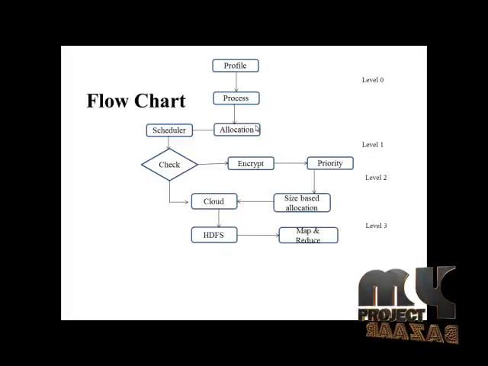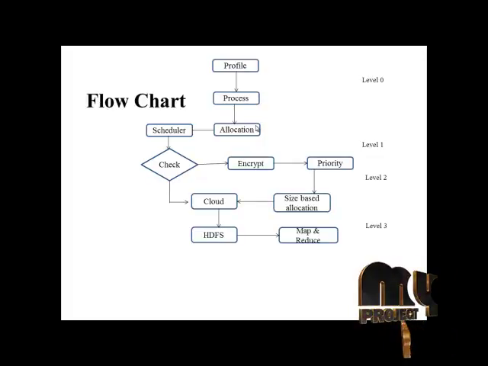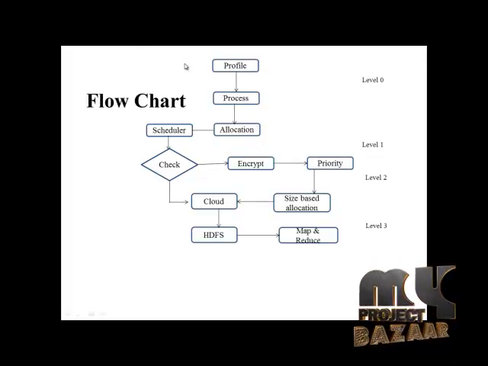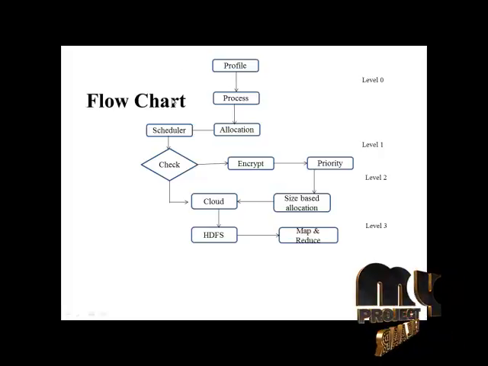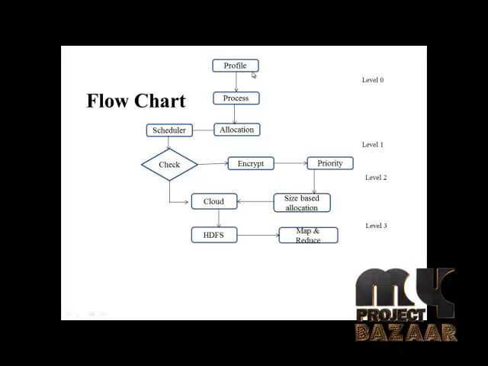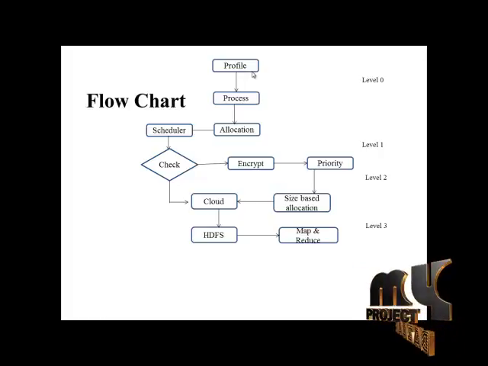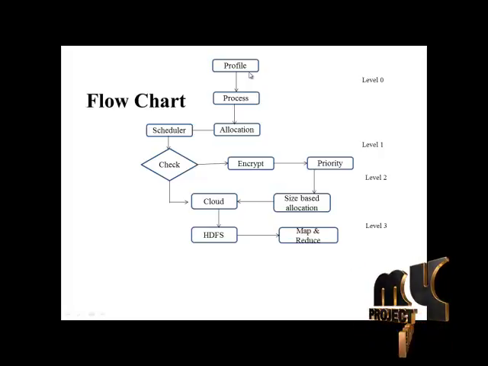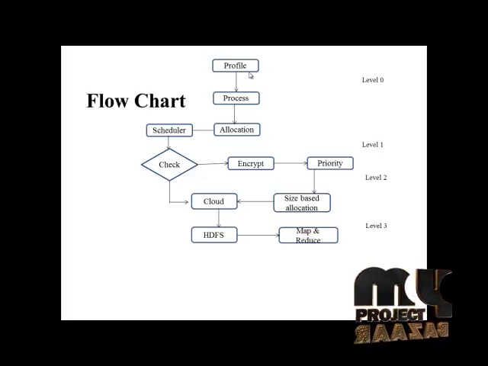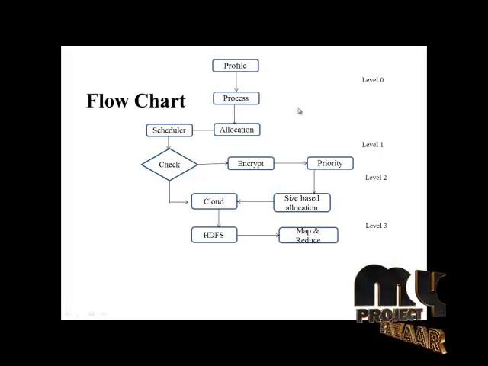This is the flow chart. First is the profile generation. The cloud means we can use our data anywhere, anytime in the world. With this cloud, every user is assigned a username and password. If the username and password match, the login is successful. Next, when users come to the cloud, what process is to be selected?